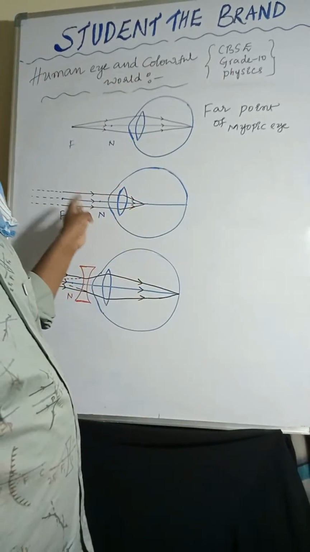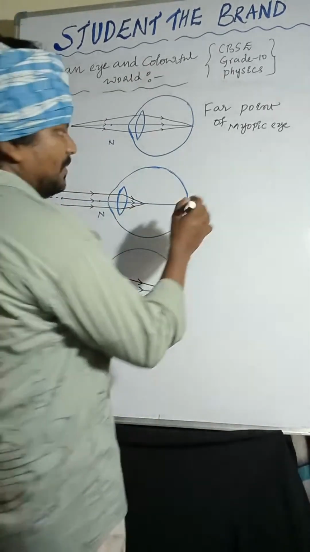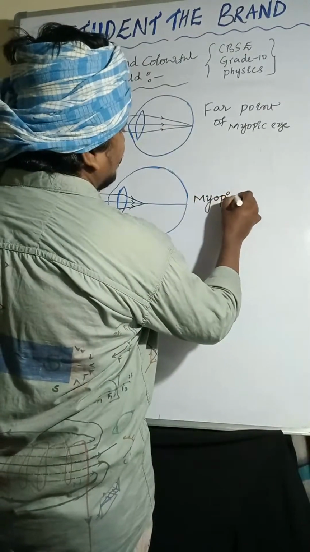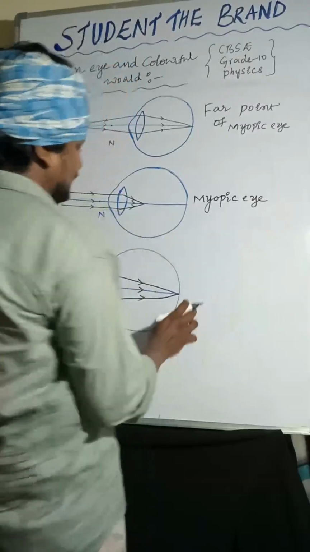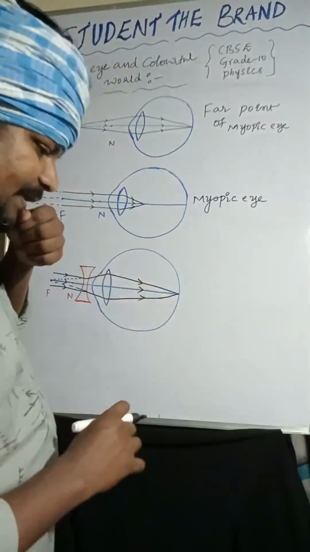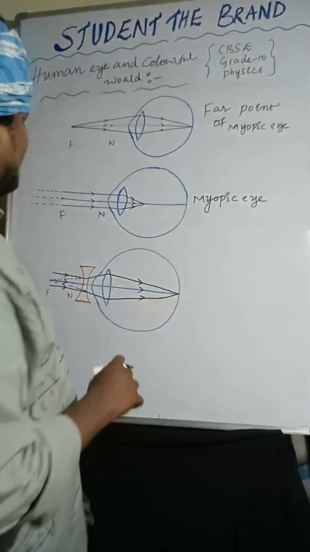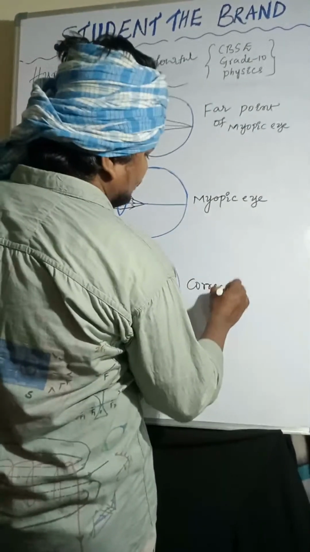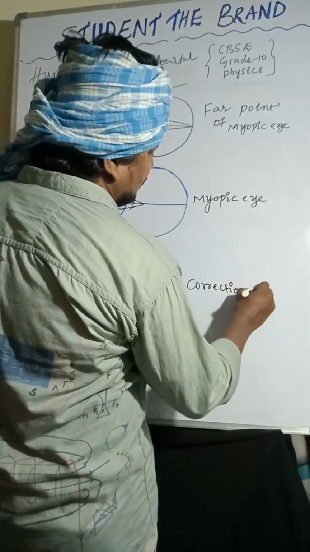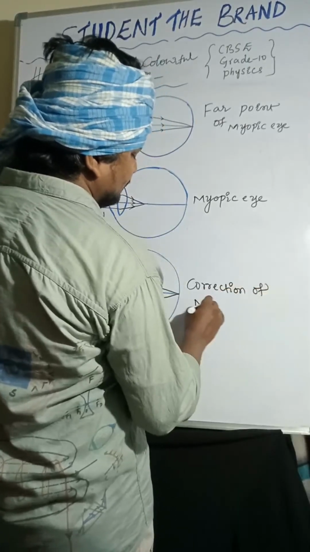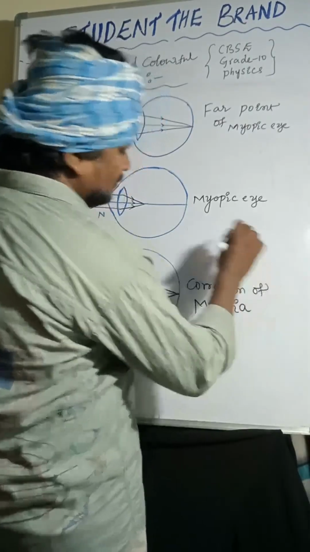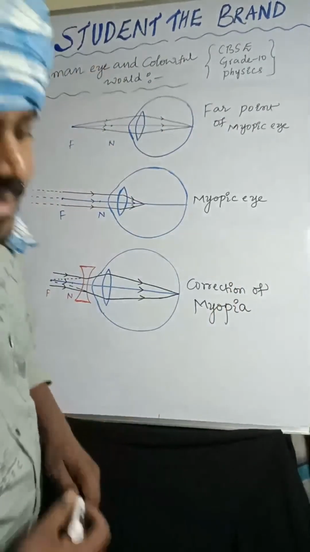This diagram is the myopic eye. And this one is the correction of myopia. Correction of myopia.